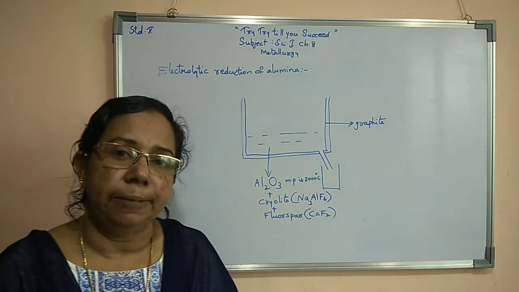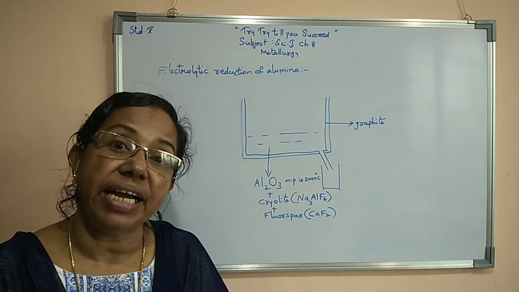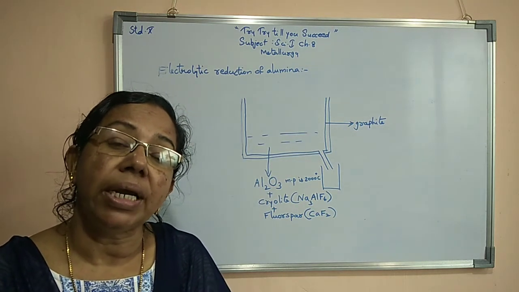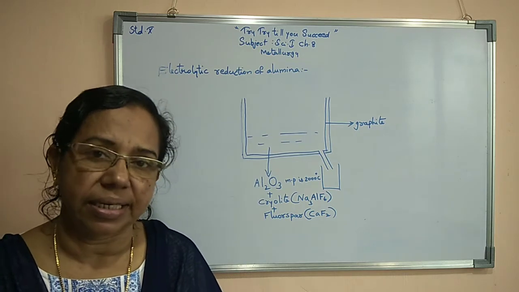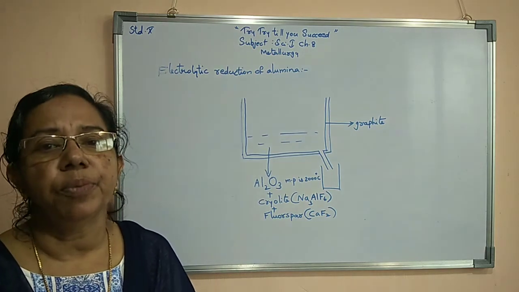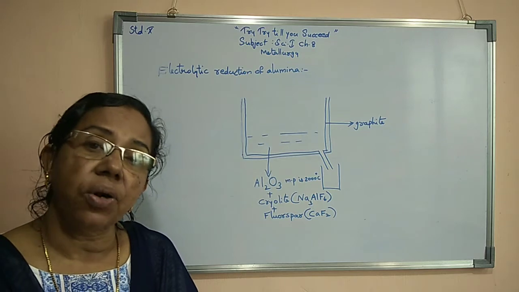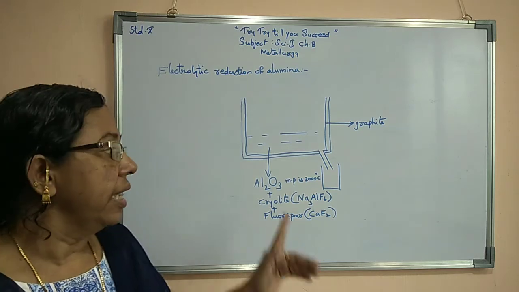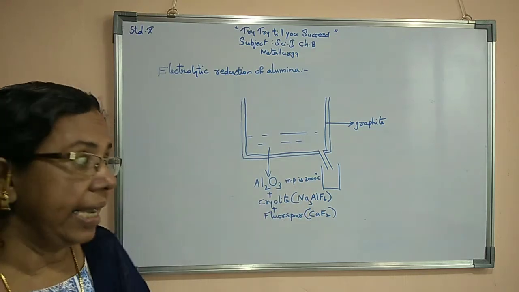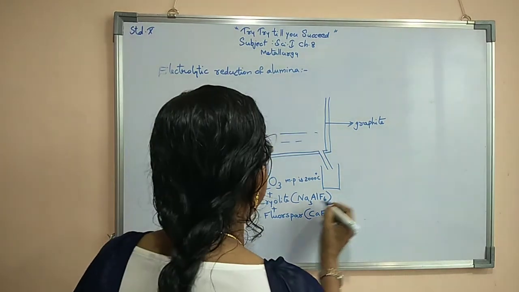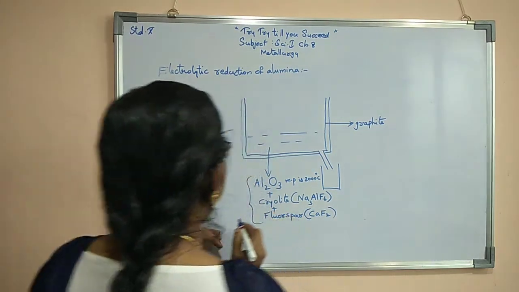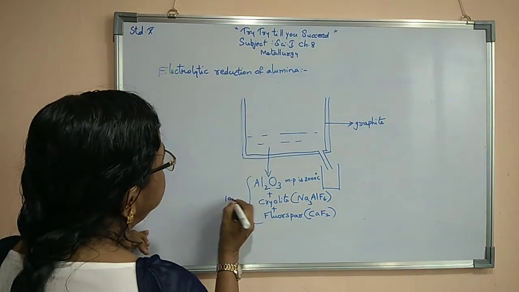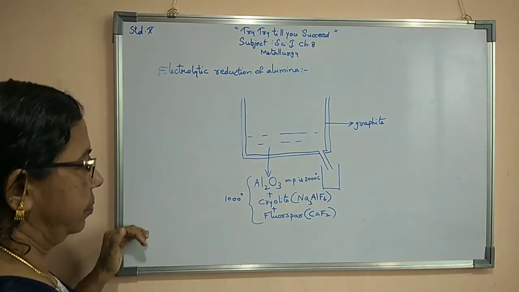Aluminium oxide's melting point is very high. It requires 2000 degrees Celsius for melting. So for reducing its melting point, we add cryolite as well as fluorspar along with aluminium oxide. As a result, the melting point reduces to 1000 degrees Celsius.